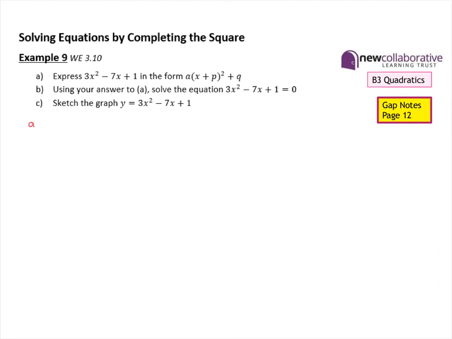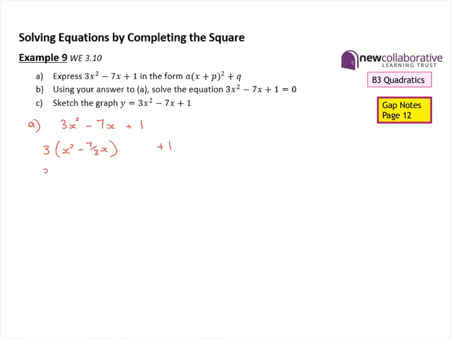So for part A, I'm going to use the second approach of those 2 examples that we saw just a moment ago. And so I'm going to write 3x squared take away 7x plus 1. But I'm going to leave the plus 1 until later, and I'm just going to do 3x squared take away 7 over 3x, and then the plus 1 I'm going to leave until the end.